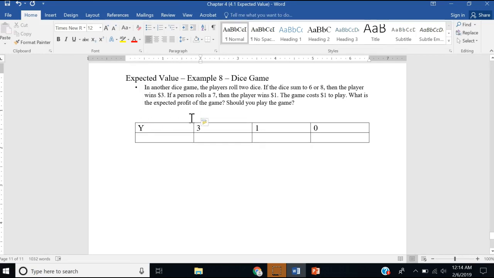Let's scroll here. Roll 6 or 8. Roll 7. Or anything else. All right. Perfect.